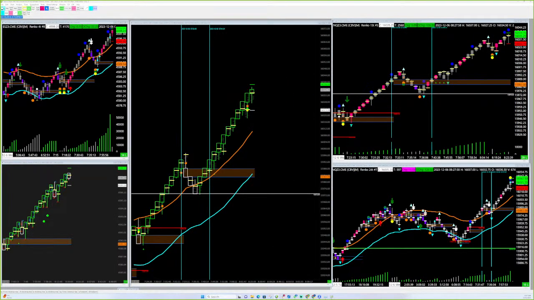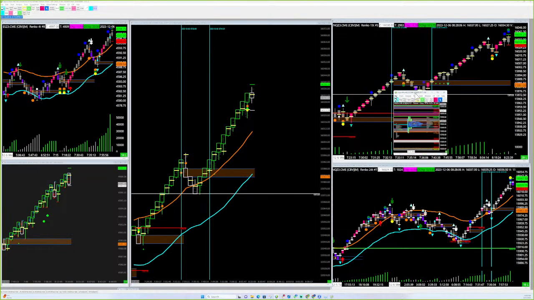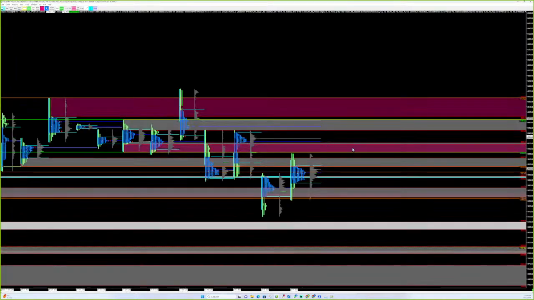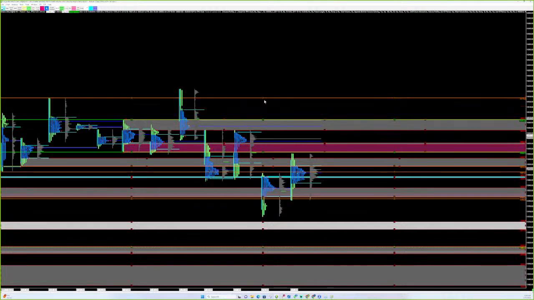Number two, if I look at the profile on NQ, we are currently trading at 16,028. Let's erase this. No. Why is this like this? Yes, I'm going to erase this. I don't want to erase all of it.